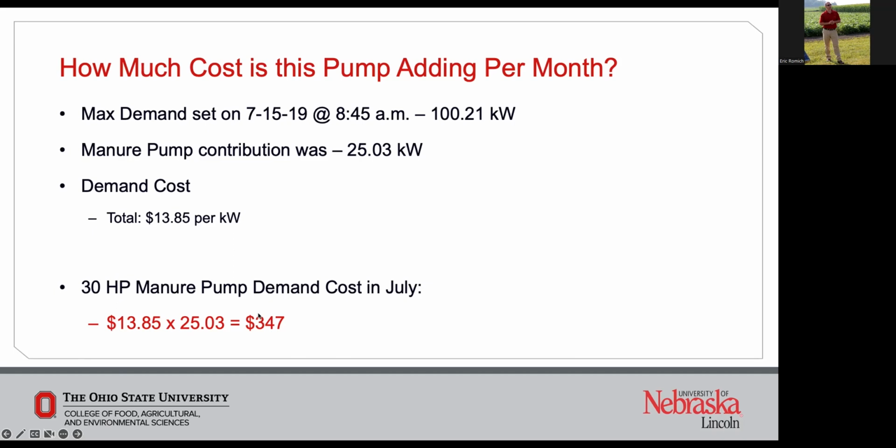It was $347 that 15-minute spike caused. So if we were able to shift that load to run in the evening and not show up during the day when ventilation fans are running, we could potentially save $347 by doing nothing more than running it at a different time.